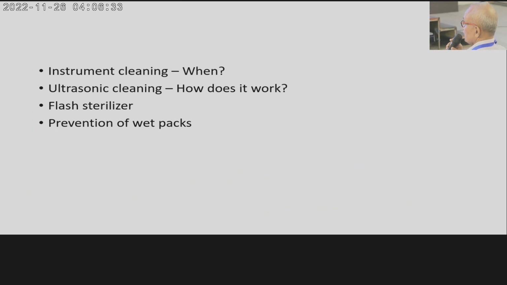They say that once at the start of the cycle every morning you should do the Bowie-Dick test. And if the Bowie-Dick test is proper, then you can assume that the vacuum cycle is good. The best thing is, even for the ordinary autoclave, you can attach a vacuum pump. That costs another 60,000-80,000 rupees extra. Otherwise you'll have to go for a B-class autoclave.